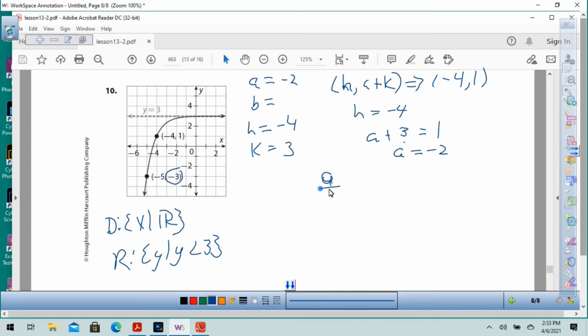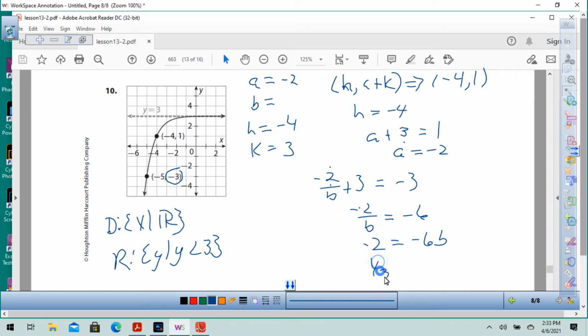A over B plus K equals -3. Well, we know K is 3. We know A is -2. Subtract 3 from both sides, and that gives us -6. And then -2 equals -6B.